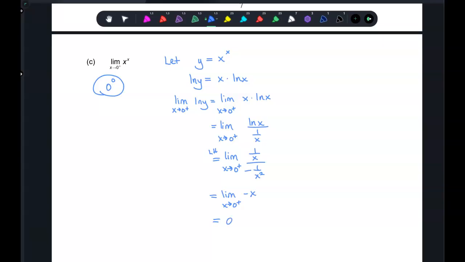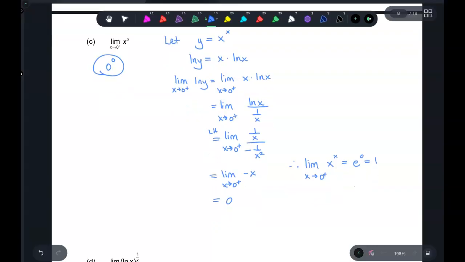Sydney was right. Why would we do all this work? Because not every indeterminate form of 0 to the 0 power is going to result in a 1. You could just write e to the 0 equals 1.